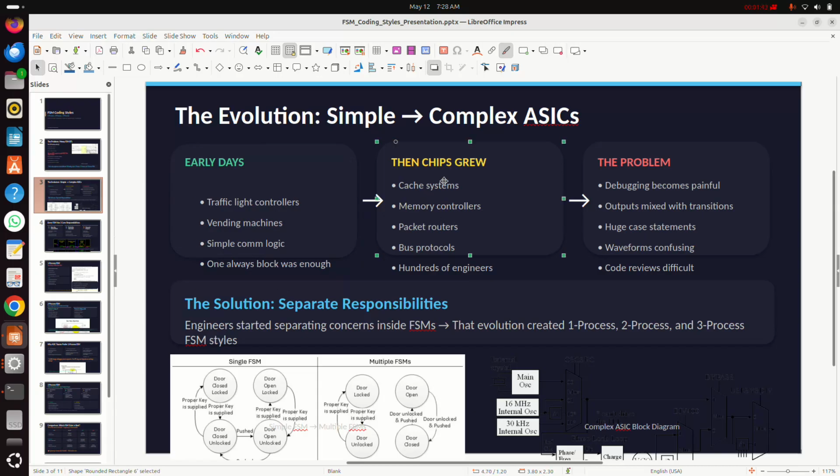But when chips grew, CAD systems and memory controllers were added, and the problem of debugging arose. Outputs were mixed with transitions, case statements became large, waveforms were confusing, and code review was difficult. These problems are solved with these FSM coding styles.